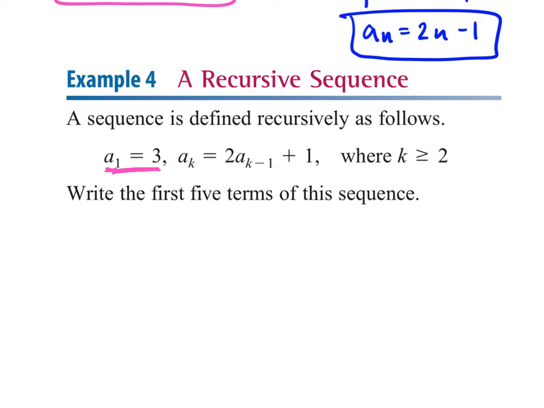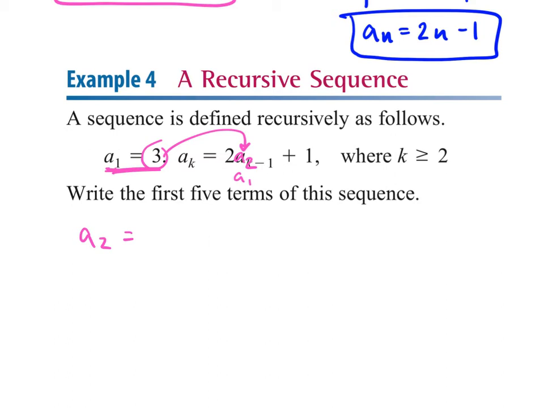So if a sub 1 is 3, to find a sub 2, we would plug in 2 for k, and that would give us a sub 1 here. Does that make sense? So if we had a sub 2 minus 1, this was now a sub 1, so we're plugging in 3 into here. So we're just using the term before to find the next.